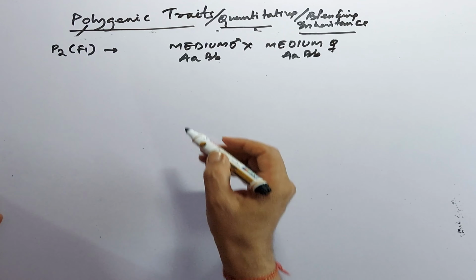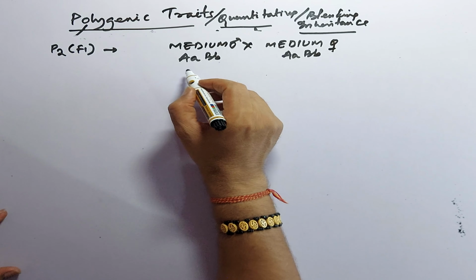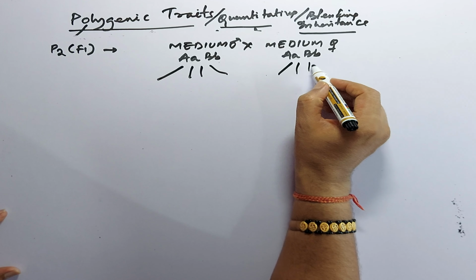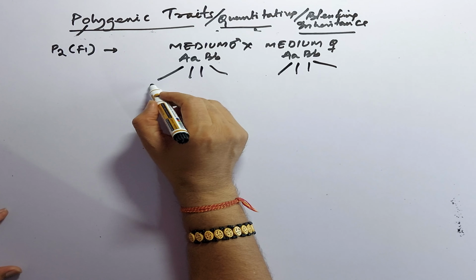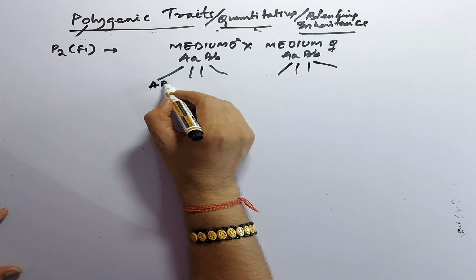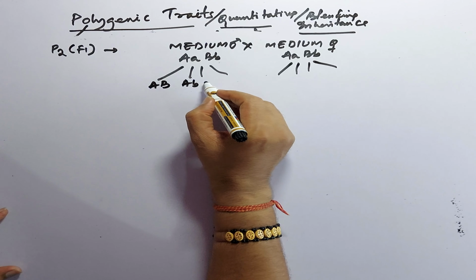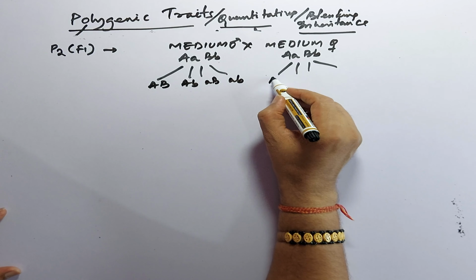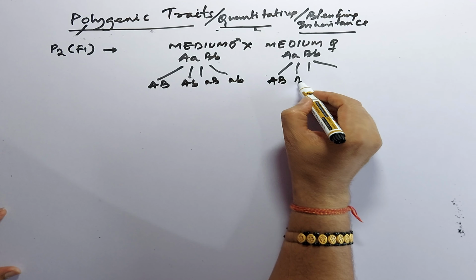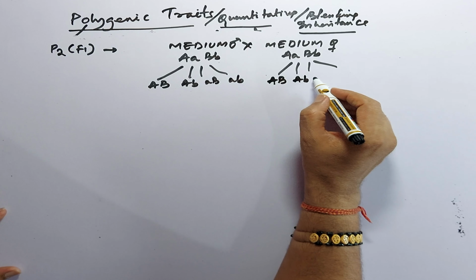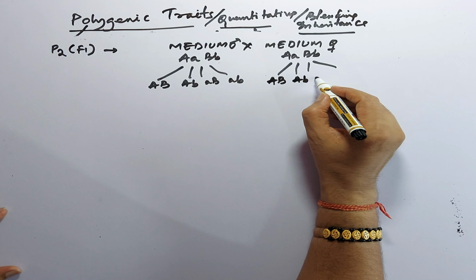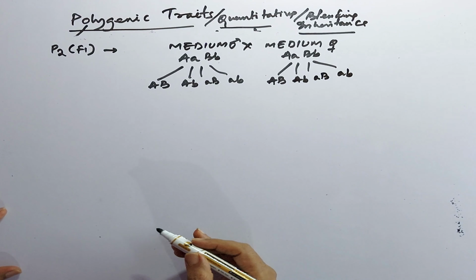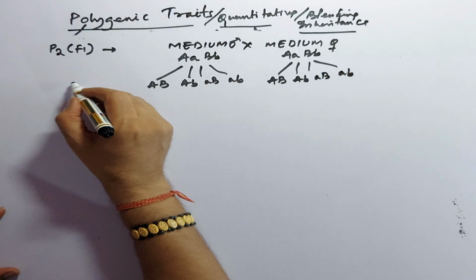We know that these will give 4 different types of gametes: capital A capital B, capital A small b, small a capital B, and small a small b. So these are the gametes.